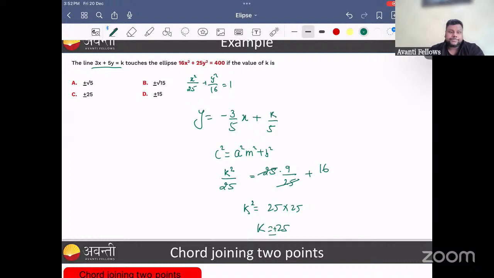Have a look at it. Got that, everybody? So if a line touches this ellipse, then the very simple condition is c square is a square m square plus b square.